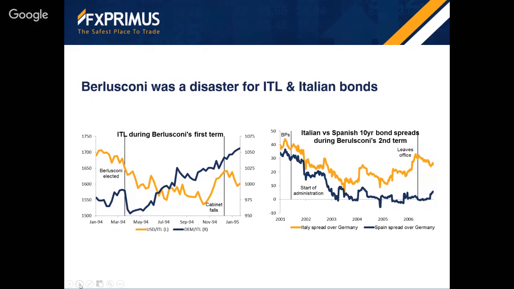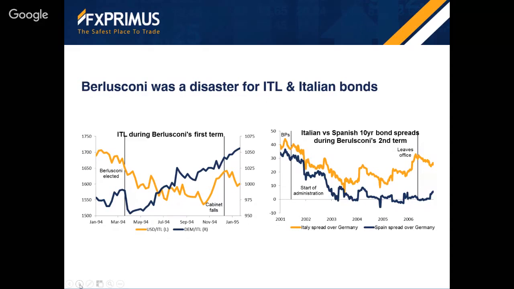If we look at his second term, then Italy was part of the euro, so we don't have a lira to look at. We can look at the spread of Italian bonds over German bonds, compared with the spread of Spanish bonds over German bonds. So the yellow line is Italy, the blue line is Spain.